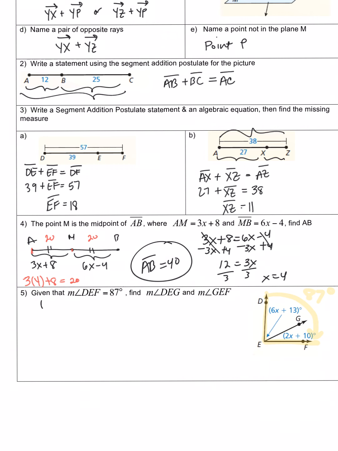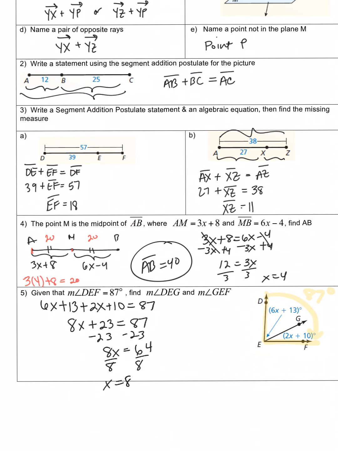So I can say 6x plus 13 plus 2x plus 10 equals 87. 6x and 2x is 8x, and 13 plus 10 is 23, equals 87. Subtract 23 from each side. I get 8x equals 64. If I divide by 8, x equals 8.